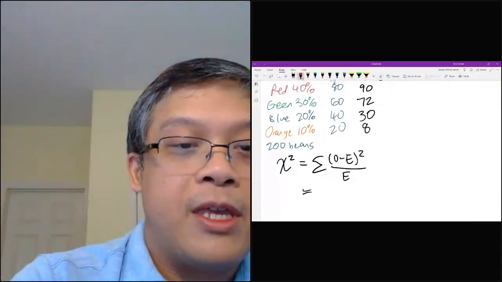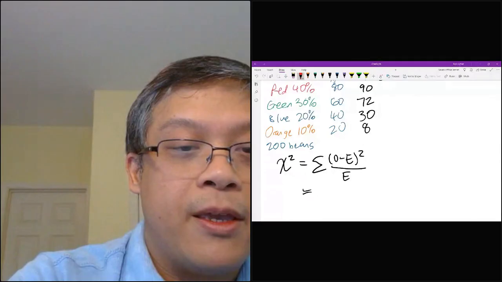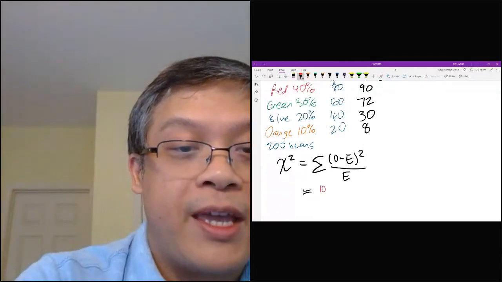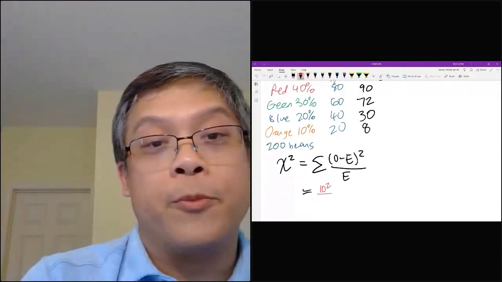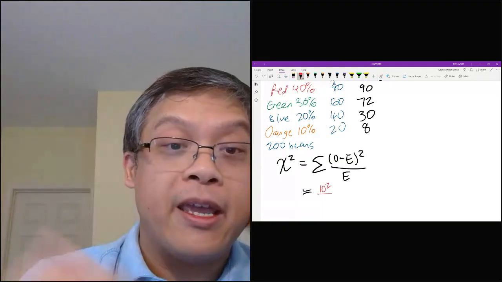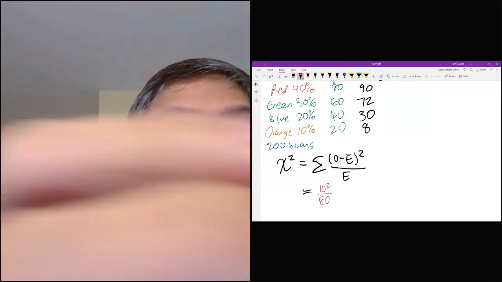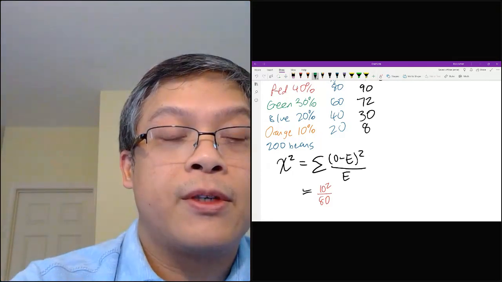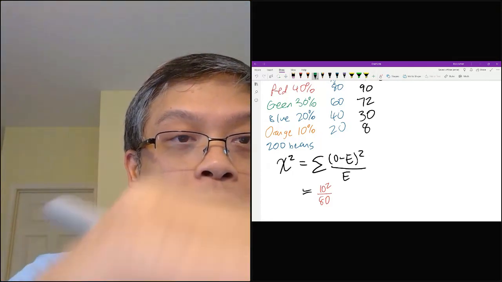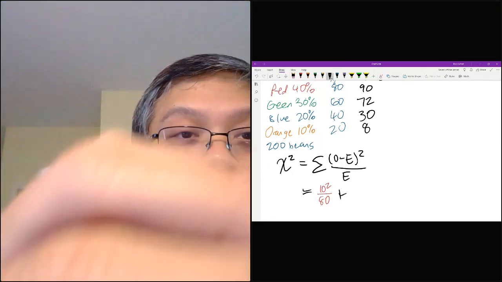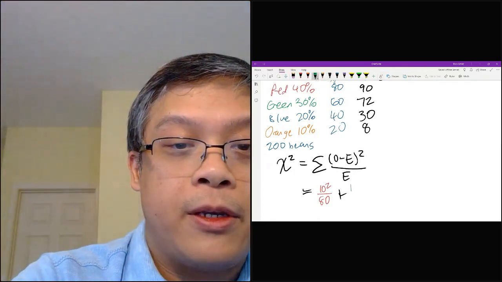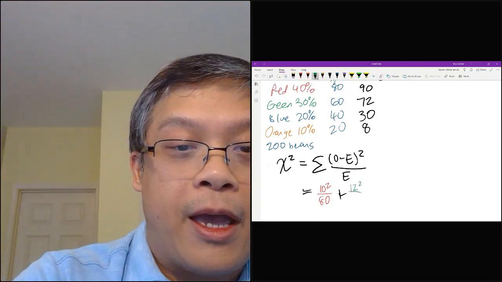So you've got the observed minus expected for the red jelly beans is 10 squared. So observed minus expected is 10, so 90 minus 80, and you'll square that quantity. For the green jelly beans, the observed minus expected is 12 squared out of 60.